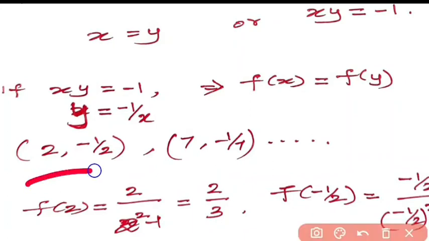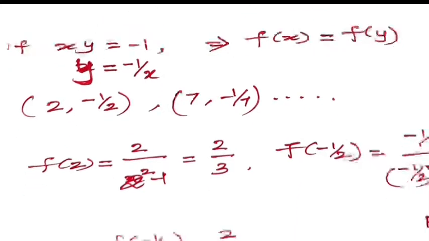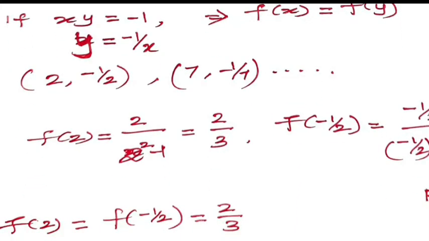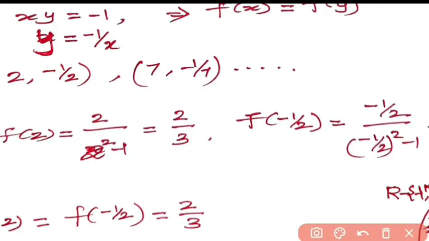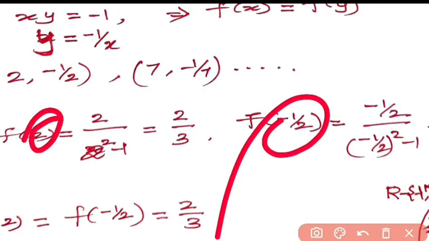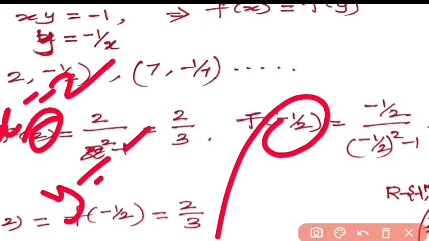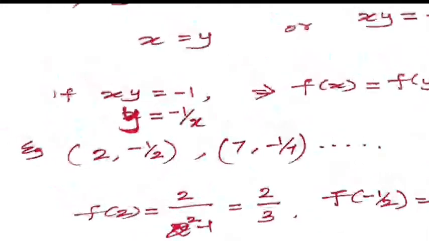We get one number, but here what happens, f of 2 and f of minus 1 by 2, we take any one value. Here I take 2 and minus 1 by 2, because x equal to 2, and in the second term y equal to minus 1 by x.